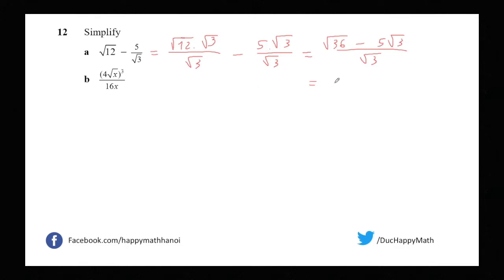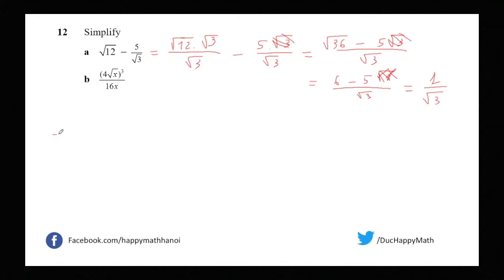This means 6 minus 5 square root of 3, divided by square root of 3. Okay, sorry, this one is not square root of 2 here. So 1 square root of 3.